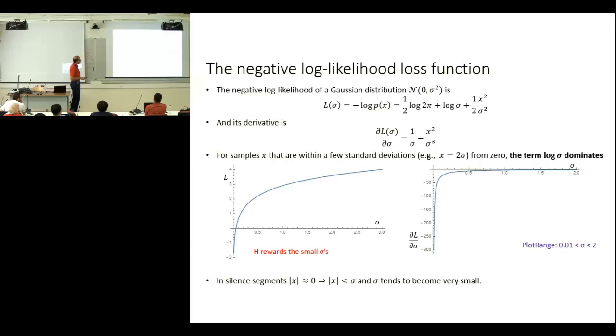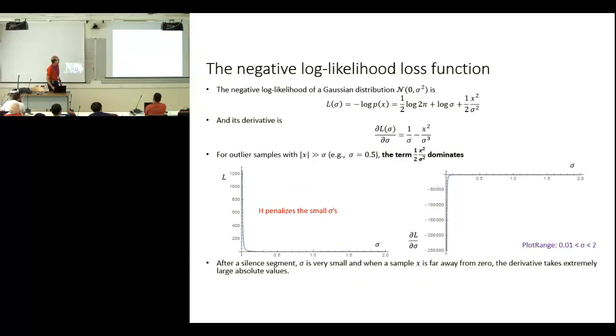Then, if we plot this function, we see that it rewards the small sigmas. However, if a sample is very far away from the mean value, in our case the mean value is 0, then this function penalizes the small sigmas.